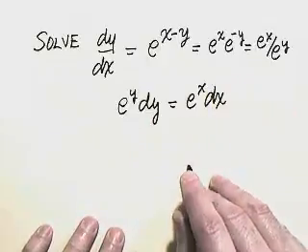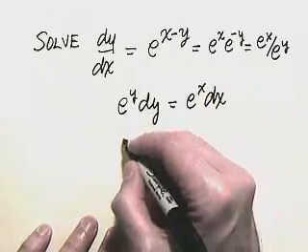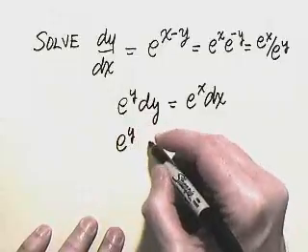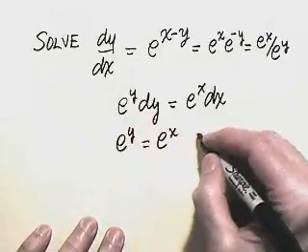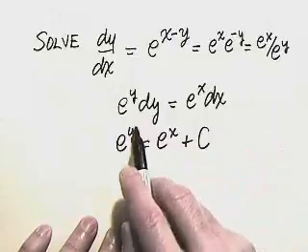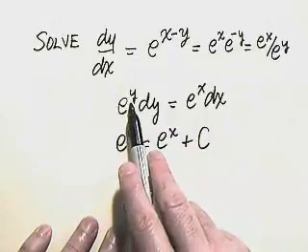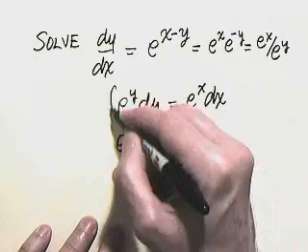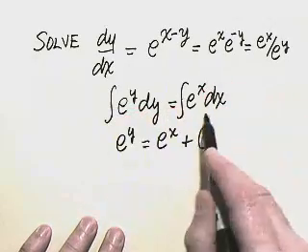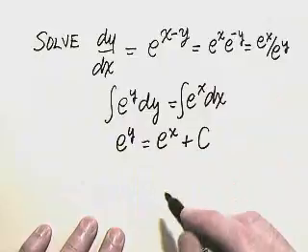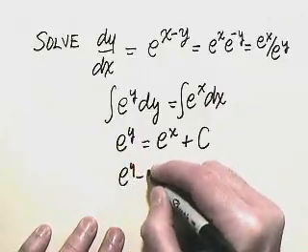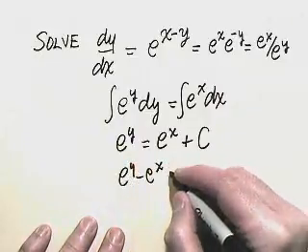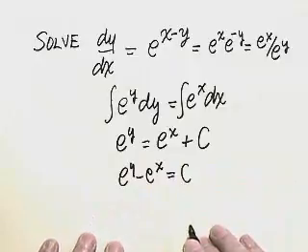So now we just integrate both sides. We get e to the y equals e to the x plus a constant. In other words, obviously the antiderivative of e to the y with respect to y is e to the y, and same for e to the x. So these integrations lead to this simple form, or we can say e to the y minus e to the x is a constant of integration.